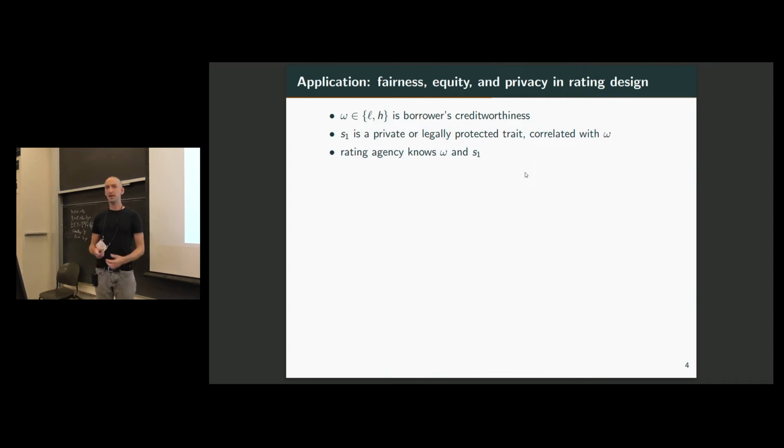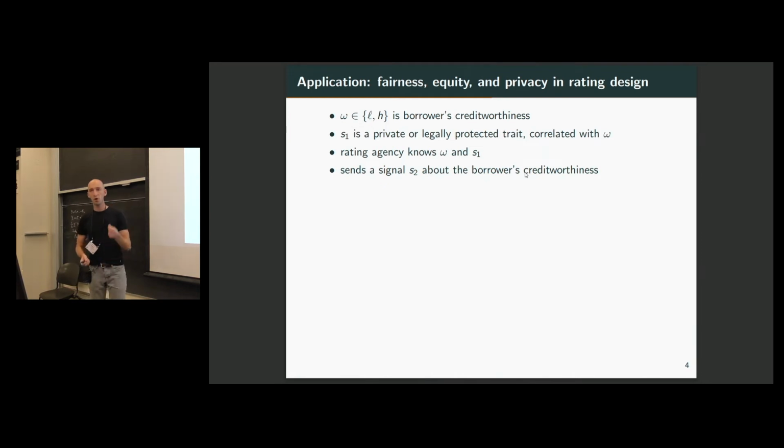We have a rating agency who actually has all the information about the borrower. It knows both omega and S1. And the rating agency wants to send an informative signal S2 about creditworthiness, maybe to a bank.